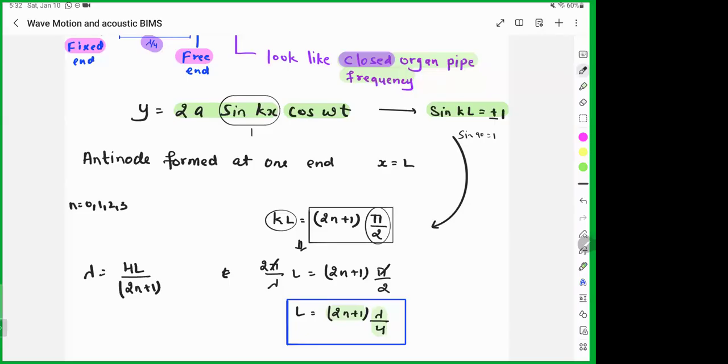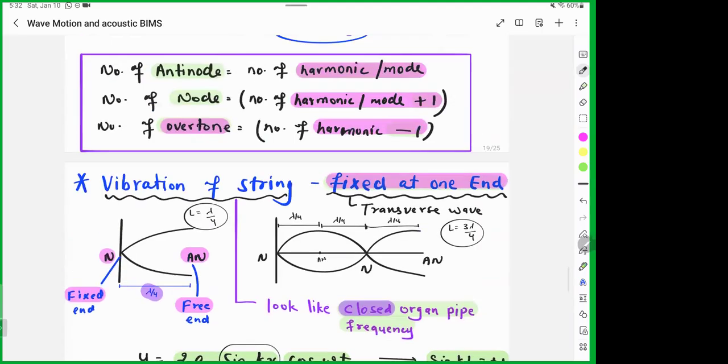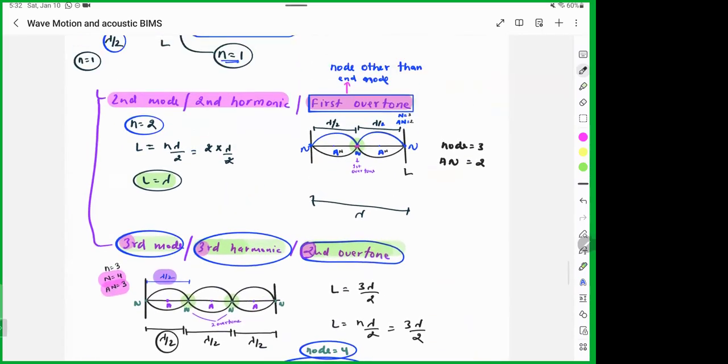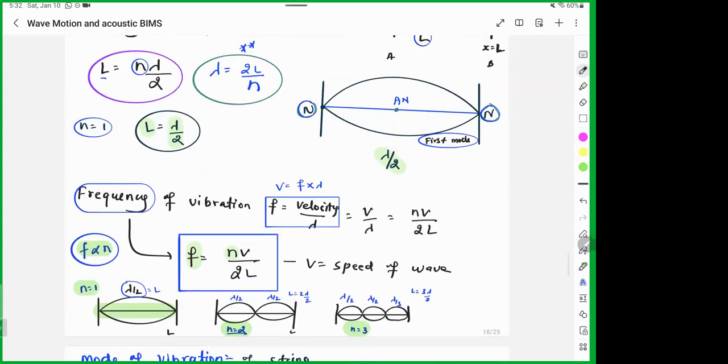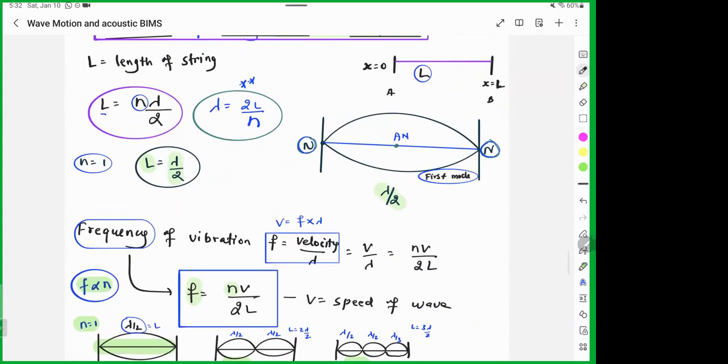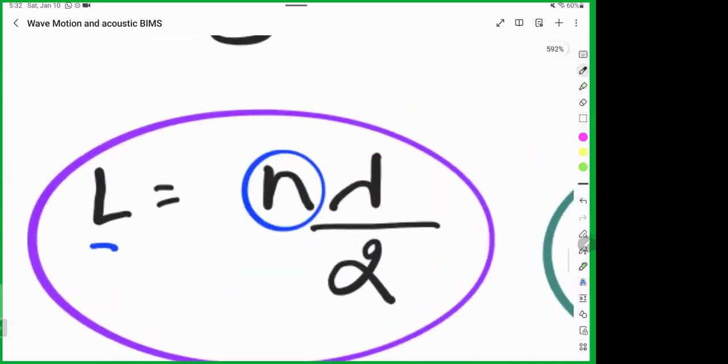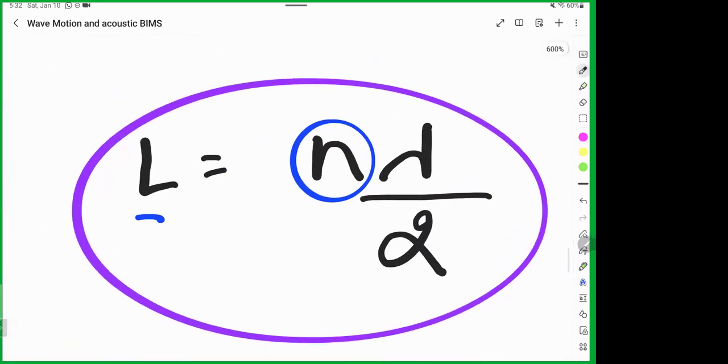And the same thing is given here. Put the k value, k is equal to 2 pi by lambda. L same. Pi cancels. Your L value will be (2n plus 1) lambda by 4. Total length. If you compare with this, where is the L value? L value was n lambda by 2. This was your n value.